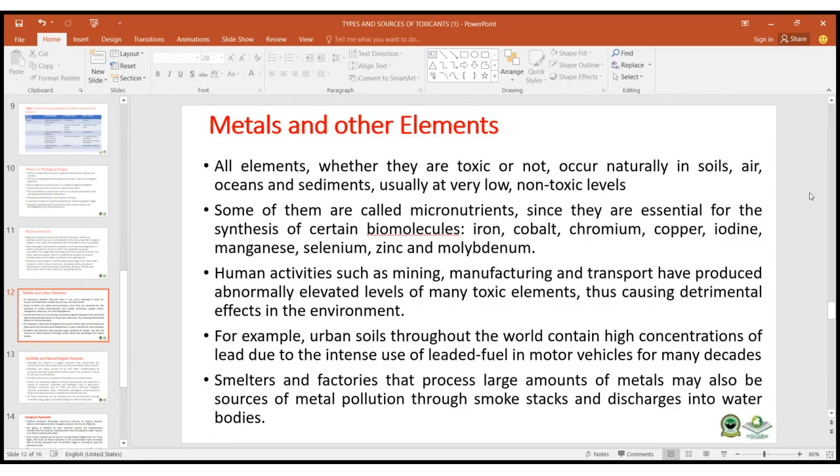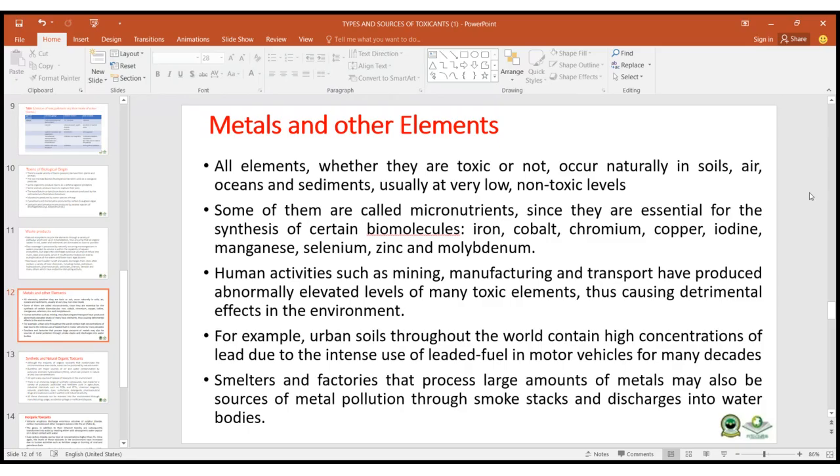Some of these metals are called micronutrients, since they are essential for the synthesis of certain biomolecules. Examples of these micronutrients are iron, cobalt, chromium, copper, iodine, manganese, selenium, zinc, and molybdenum. We refer to them as micronutrients in the sense that they occur in very, very low quantities.